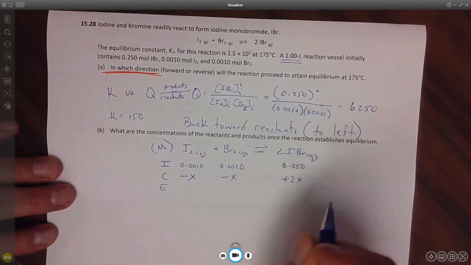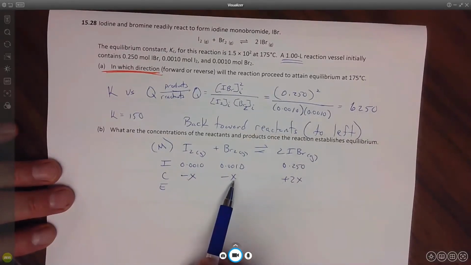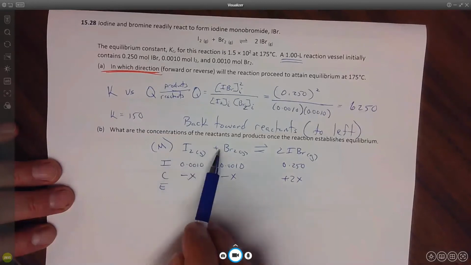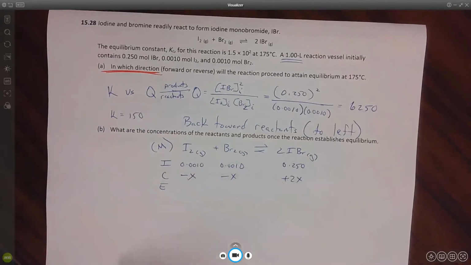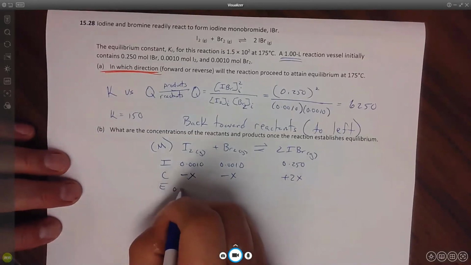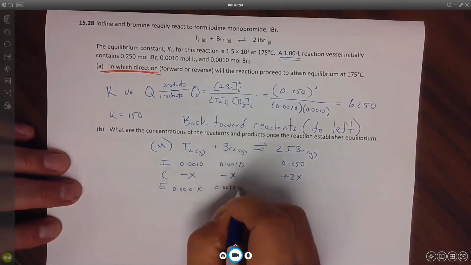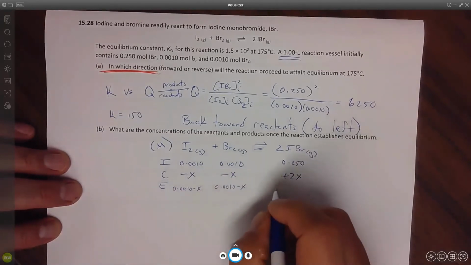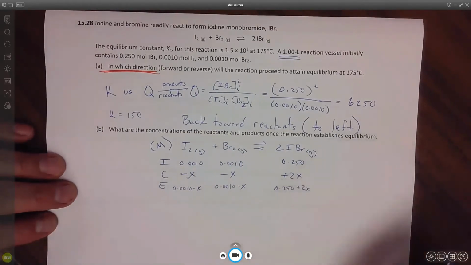So again, we're going to lose our reactants, gain our products, in terms of X, and then multiplied by the coefficient in the balanced chemical equation. Now I just add the initial and the change, so it's 0.001 minus X. Same true for the bromine. And then the iodine monobromide is 0.25 plus 2X.